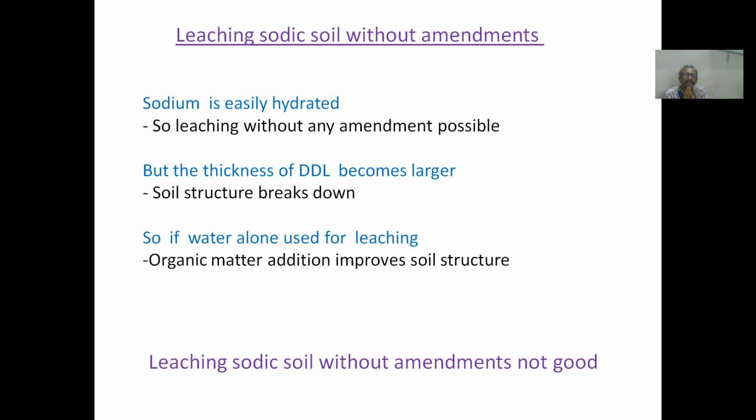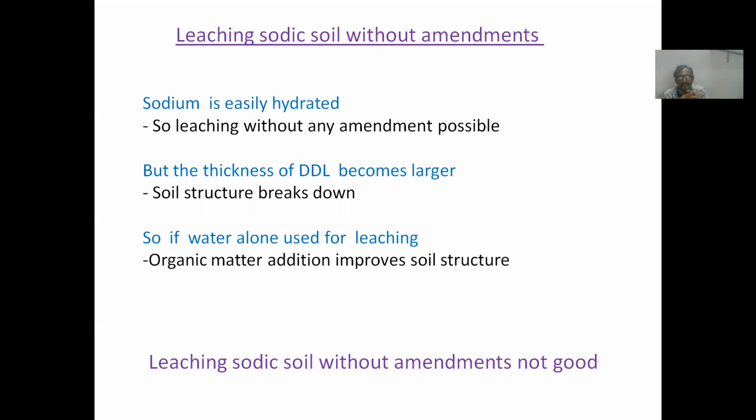So it is always better to make use of amendments when leaching of sodic soil is done. That is the reason why an amendment like gypsum, calcium sulfate, is used. When you are removing sodium from the clay surface, if you place calcium ions instead of sodium ions, then the thickness of the diffuse double layer becomes smaller, and the other problems get removed.